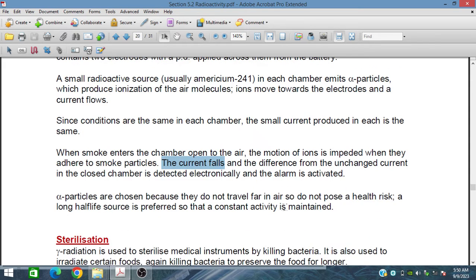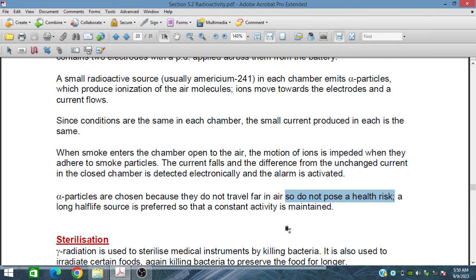Alpha particles are chosen because they do not travel far in air. Why are alpha particles chosen for this smoke detector? Because they do not travel a long distance in air, so they do not pose a health risk, since otherwise they may strike the human body or other materials.